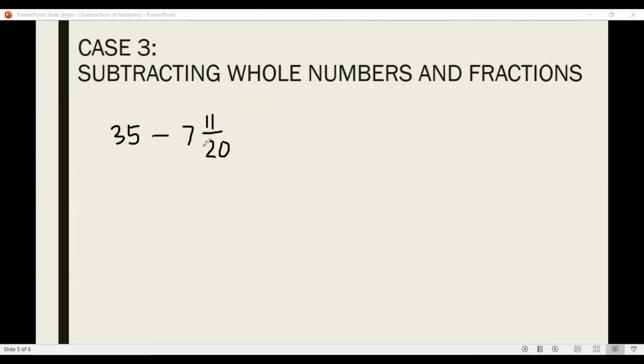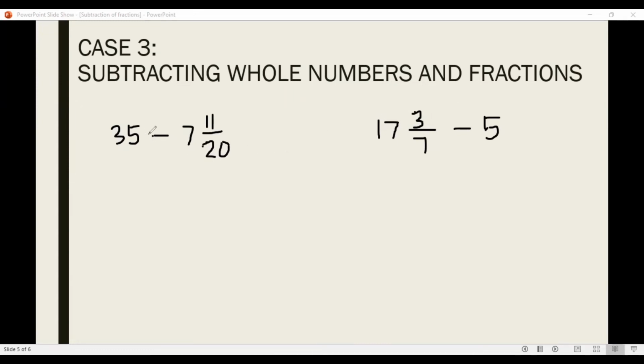And then another scenario could be like this. Let's say, for instance, you have 17 and 3 over 7, and you are subtracting 5. So these are two different cases that involve subtracting whole numbers and fractions.